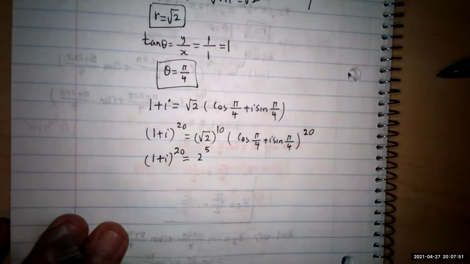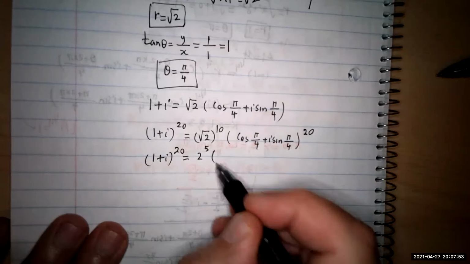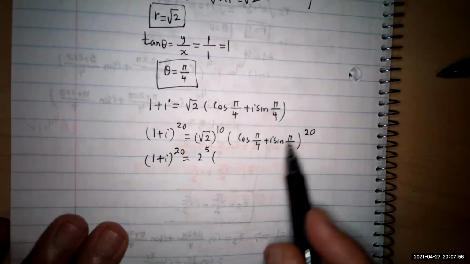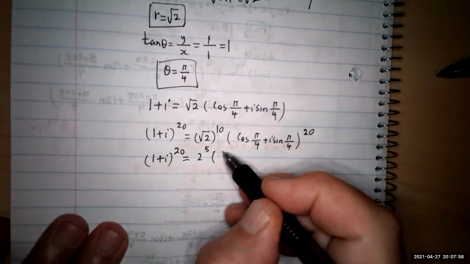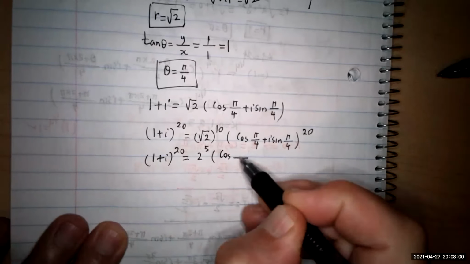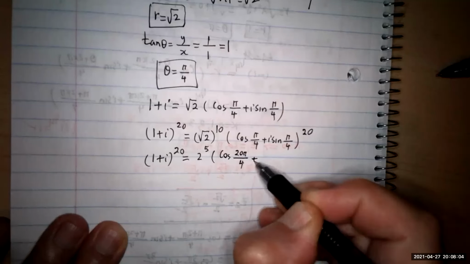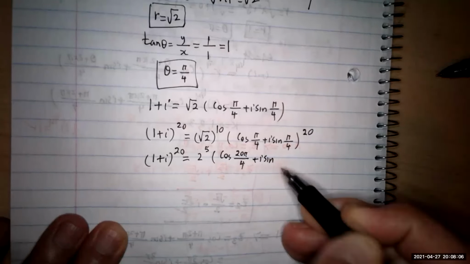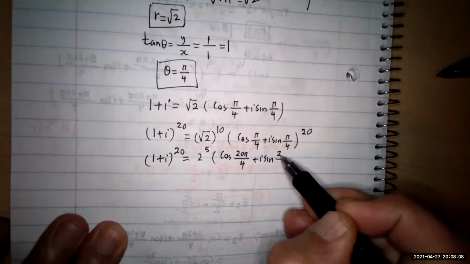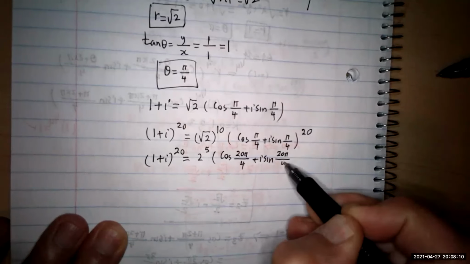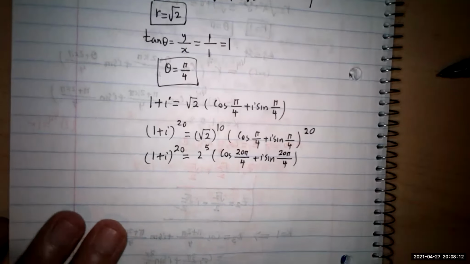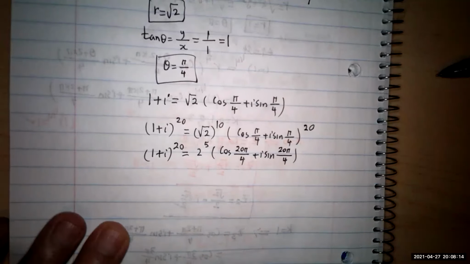For De Moivre, you bring the 20 down. So it's going to be cosine of 20 pi over 4 plus i sine of 20 pi over 4.